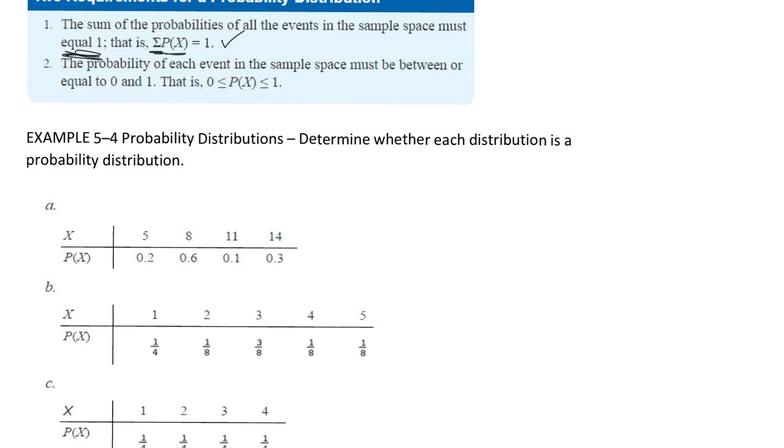Also, please note that the probability of each event in the sample space must be between or equal to 0 and 1. It cannot exceed 1, and it cannot be negative.